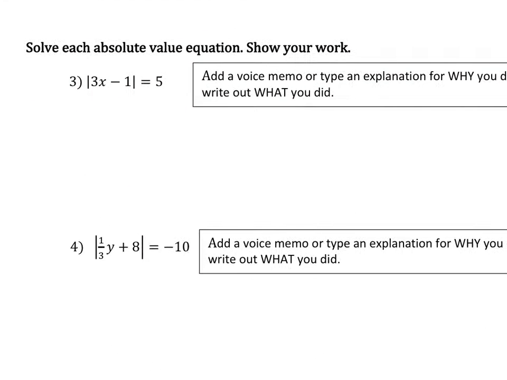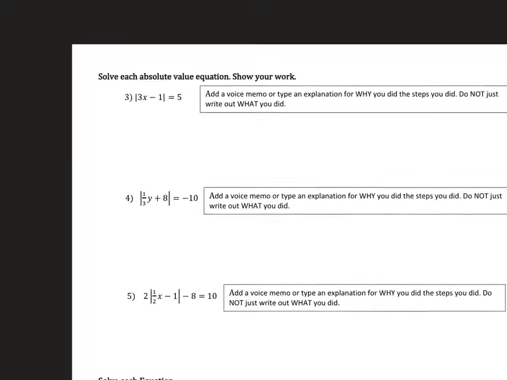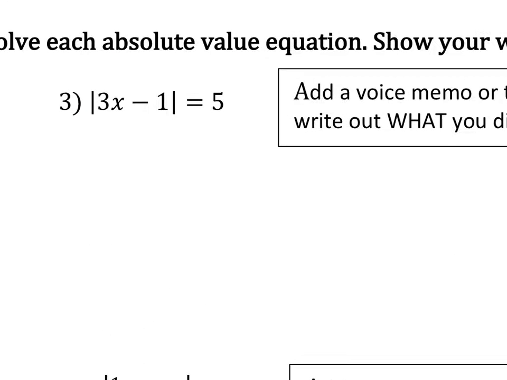So for page 2, it says solve each absolute value equation and make sure you show your work. So I'm looking at my absolute value equation, and I notice off the top of my head that the absolute value is already isolated.